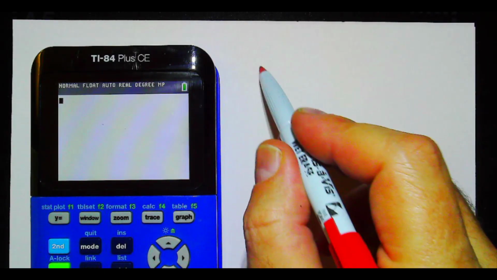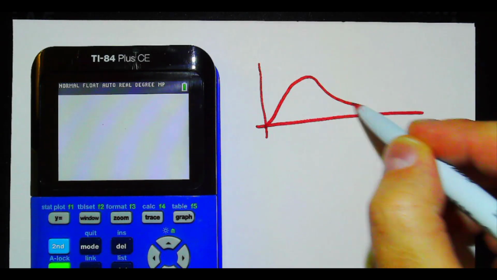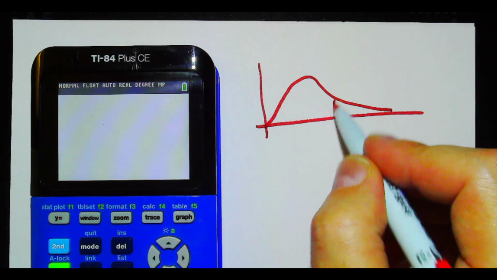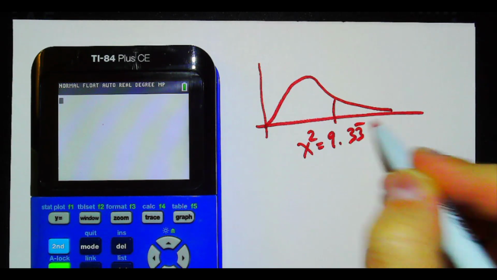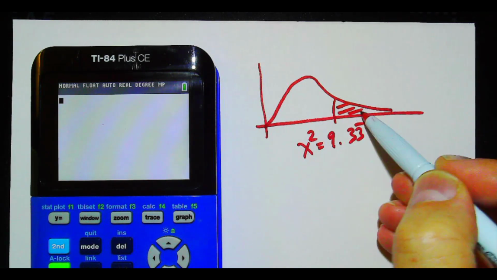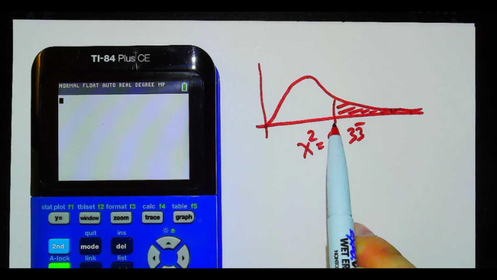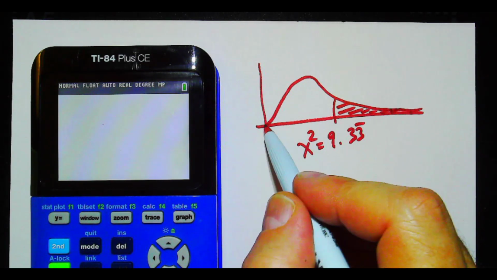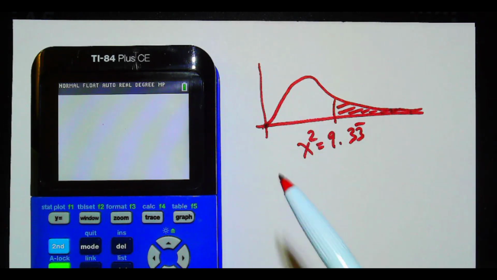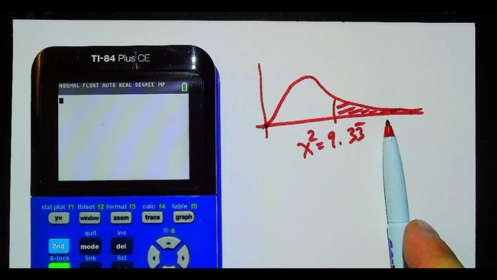We can calculate the p-value for this chi-square distribution by going to our chi-square, 9.33 and so on, and calculating the area from there outward. The smaller the chi-square, the more closely the observed and expected match. The bigger the chi-square, the less they match, the more the difference is.